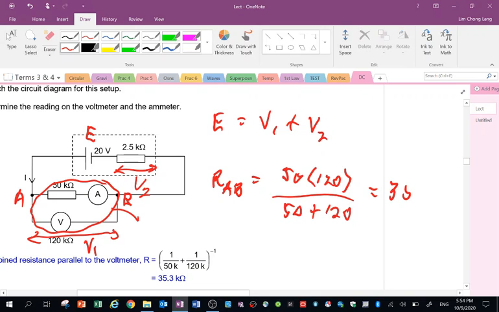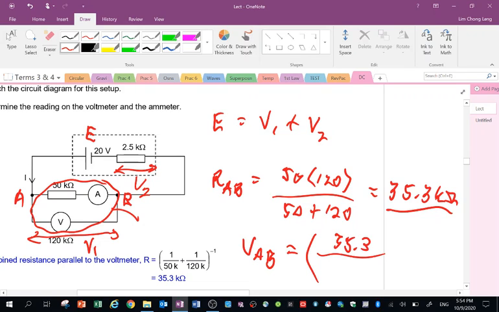35.3 kilo ohm, right? So this is the resistance across AB. If I want the PD across AB, then I use the potential divider formula: 35.3 divided by the total resistance, 35.3 plus 2.5, multiplied by the PD, which is 20.